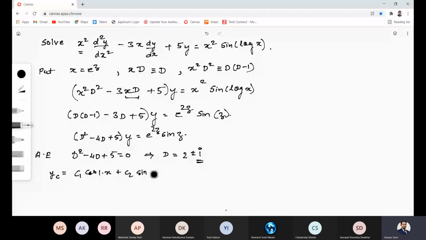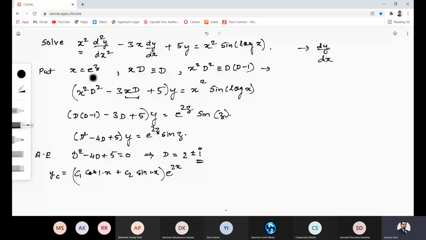Now, this answer is a bit correct, but a bit wrong also. And the reason is, what was in the original differential equation? dy by dx. While explaining the proof of this, I explained that you were having e raised to z. So x into dy by dx was changed to dy by dz.